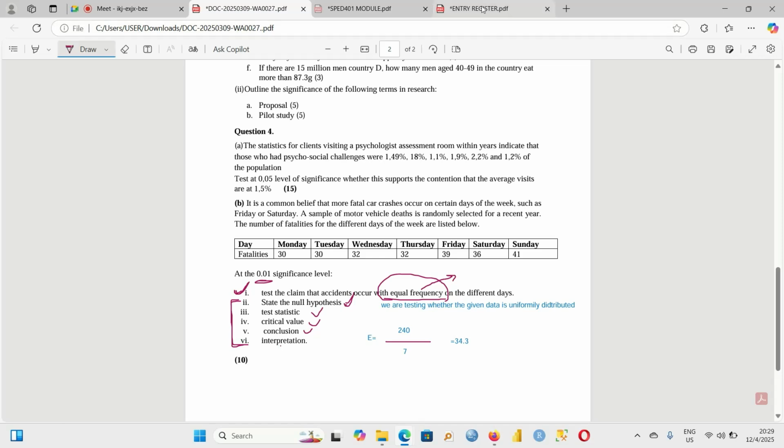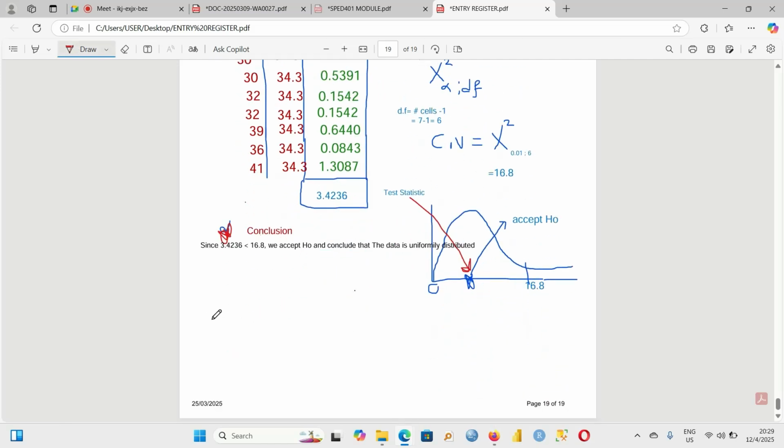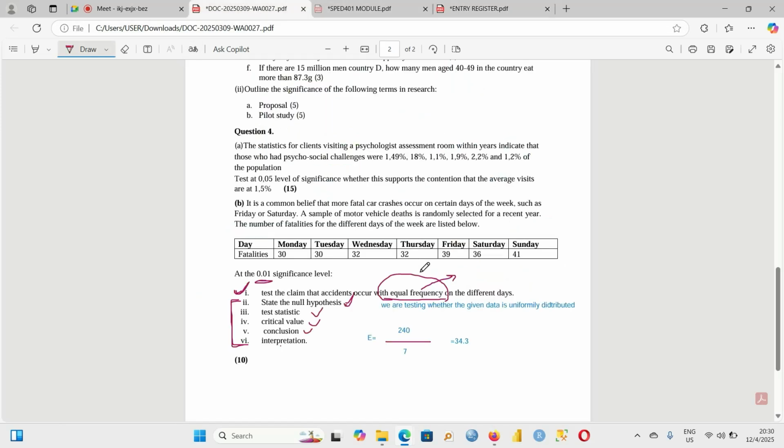On the interpretation, the last thing we want to interpret is what it means to accept that the data is uniformly distributed.